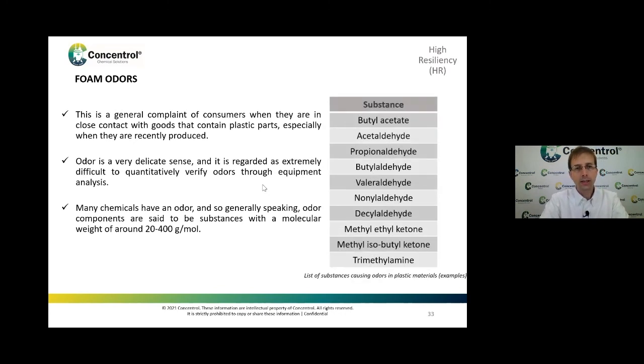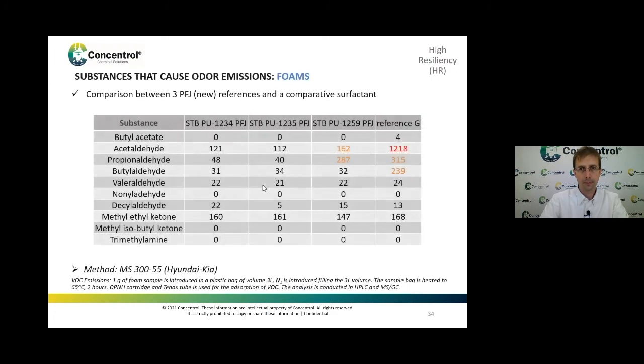So in the list, we have included some of the substances that can be analyzed using gas chromatography and that have usually been considered as possible odor sources in polyurethane foams. We have selected 3 stabilizers and included reference G in the comparative analysis of surfactants.